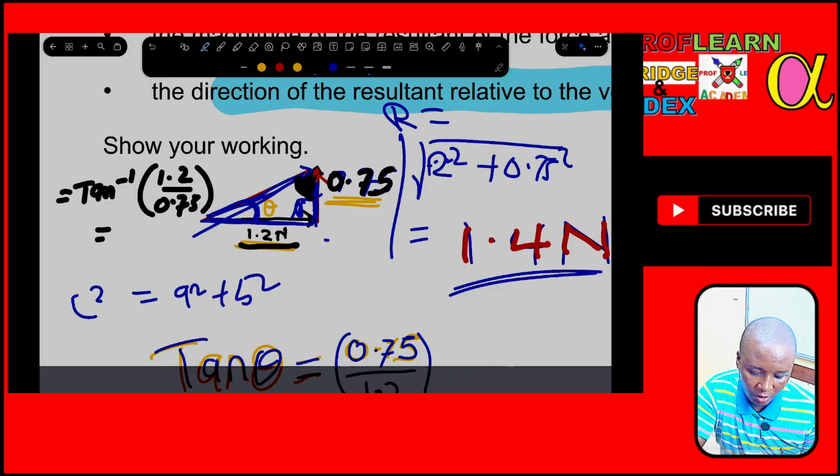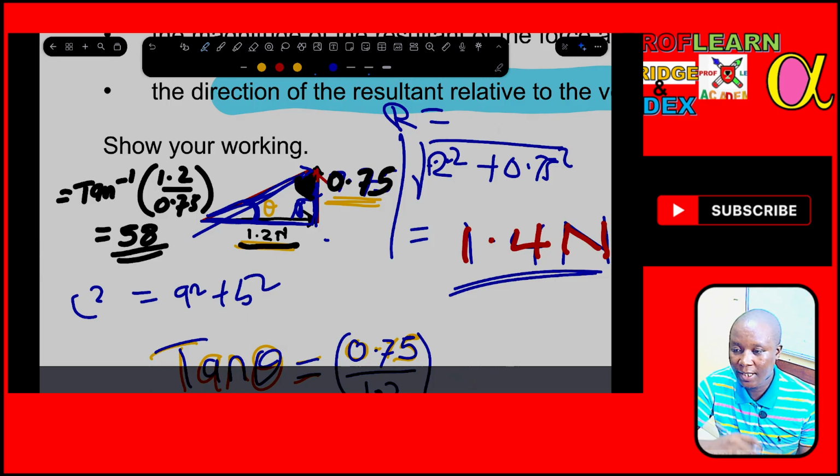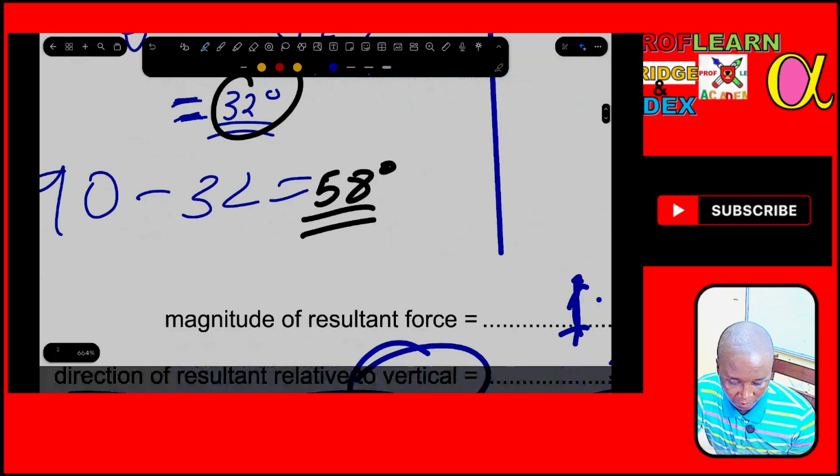If you work it out, you are going to get 58 or 59 degrees directly. So it's up to you to decide which is the best method you can use at this particular point. Moving further to other questions that you were asked.